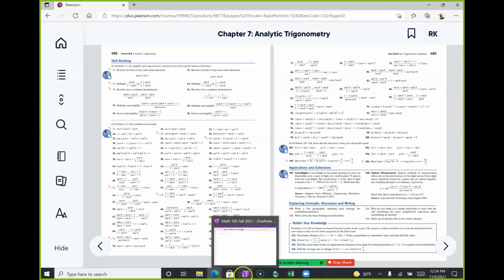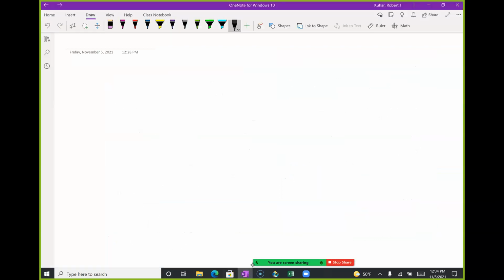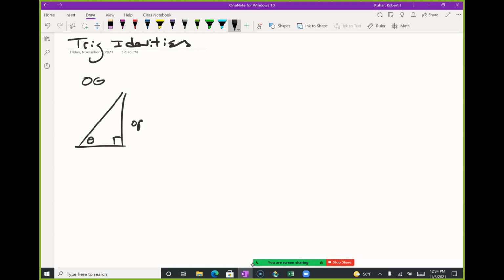I need to go over my list of identities to date and some brand new identities. Well, they're maybe not that brand new, and then we can start doing these problems. So I want to talk about my trig identities first. So we have the OGs, where I'm dealing with theta and opposite and adjacent and hypotenuse.